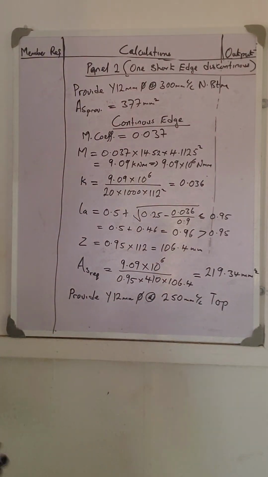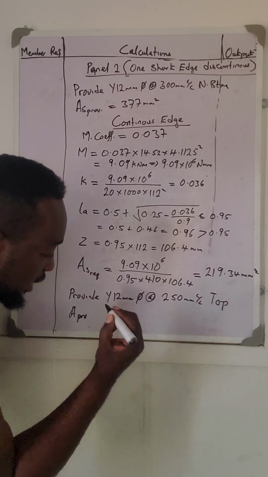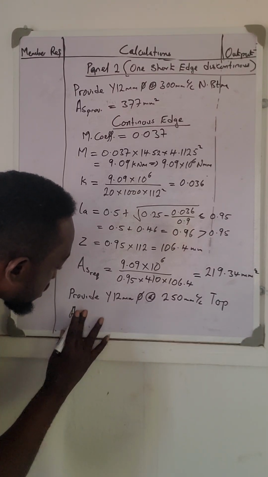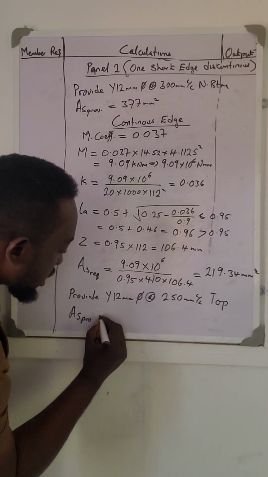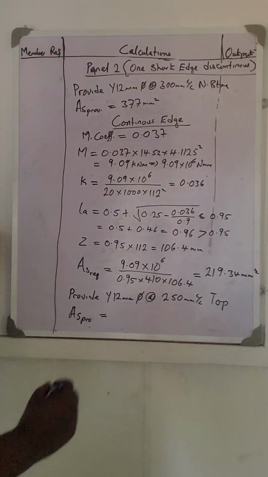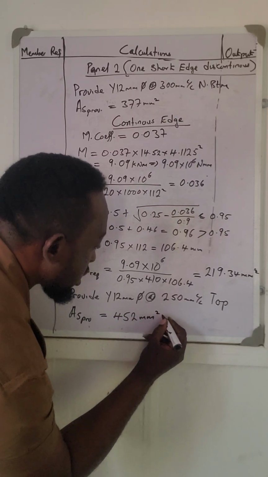Alright? So what is the As provided? What is the As provided in your table? At 250 center to center, what was it? 452 millimeters square.